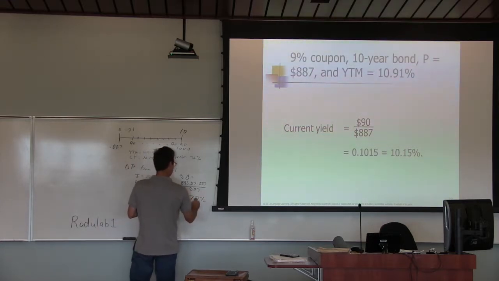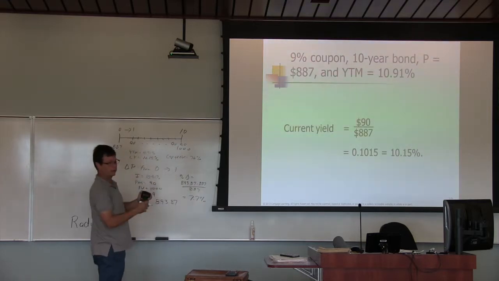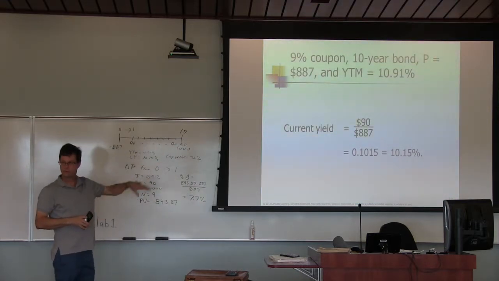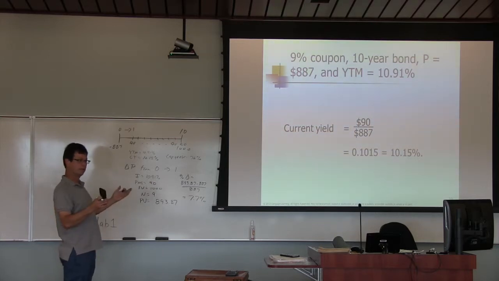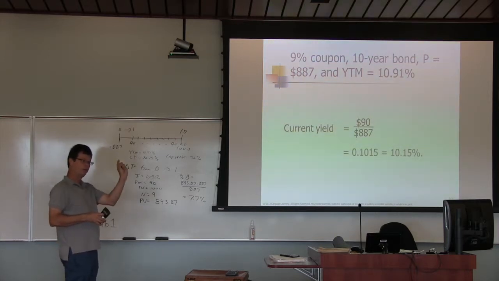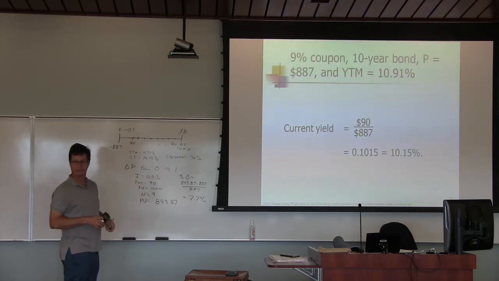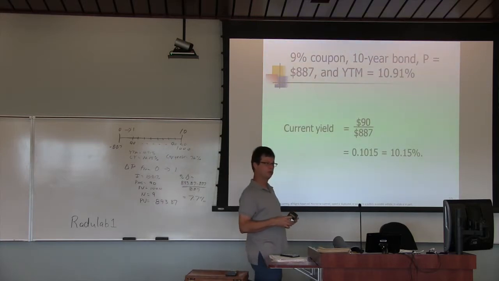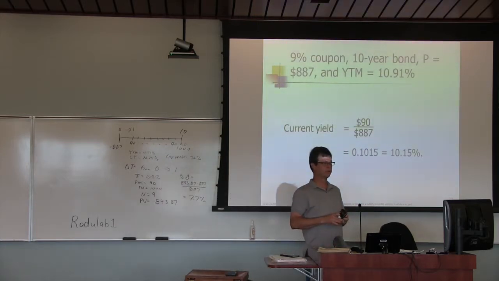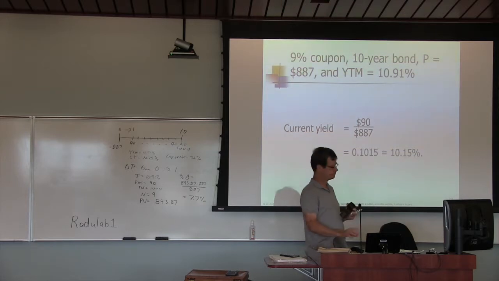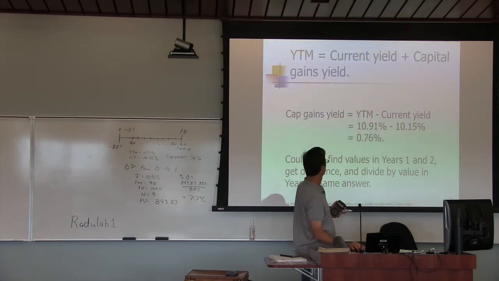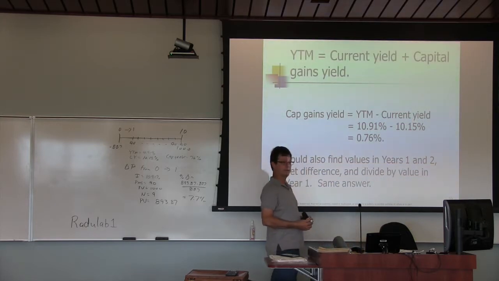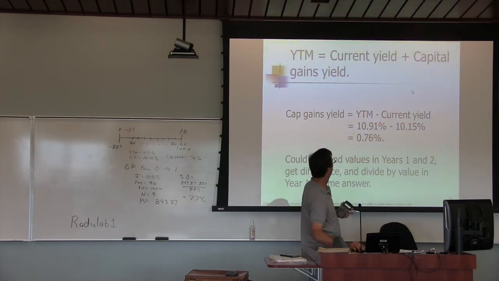It just has to do with a little rounding on decimal places. So it shows us that over 1 year the percentage change in the bond price is consistent with what we get by backing it out using the yield to maturity and the current yield there. And that's what they got right there, right? That's what they tell us to do.